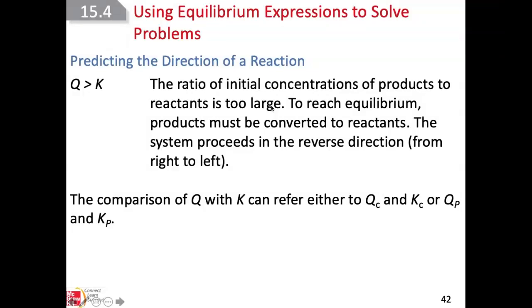The reaction is not at equilibrium. To reach the equilibrium, products must be converted back to the reactants, and the system will proceed from right to left. So you can find Qc compared with Kc, or Qp compared with Kp.